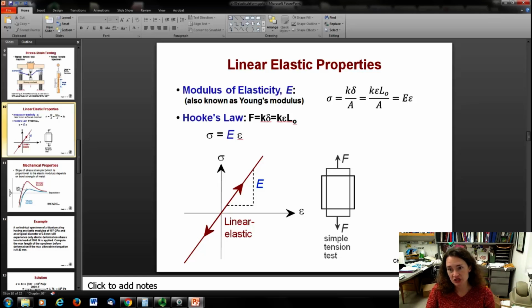So this modulus E is going to be proportional to this spring constant or stiffness of the bonds of the material, and then normalized out for the dimensions of the material. So it only depends upon the material properties, okay? So Hooke's law, written in terms of material science, would be sigma is equal to E epsilon.